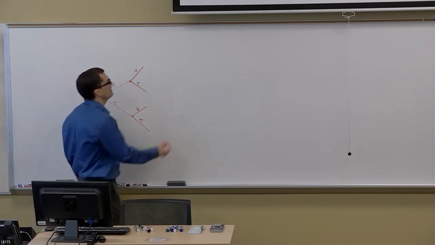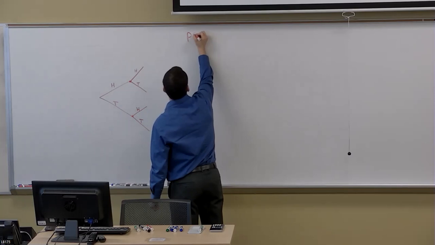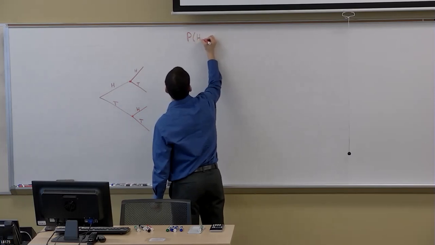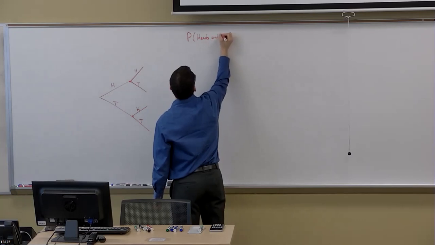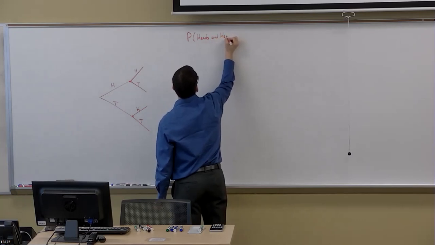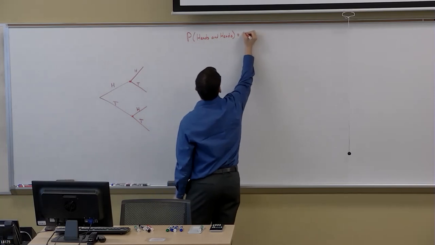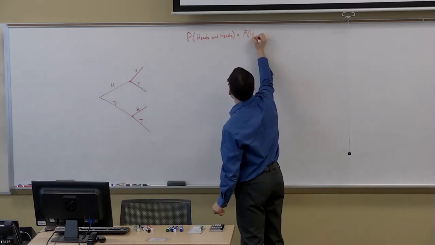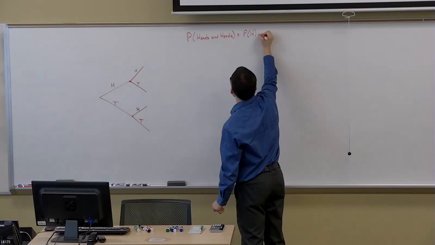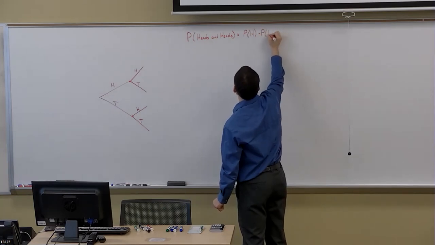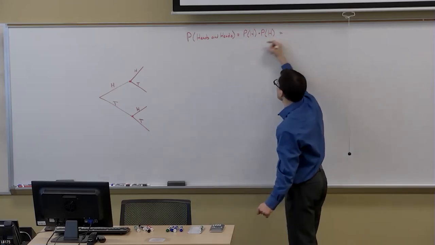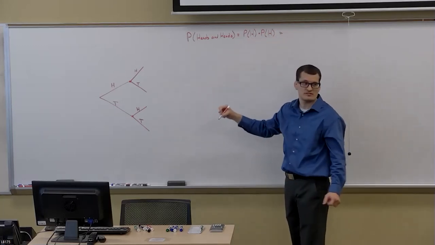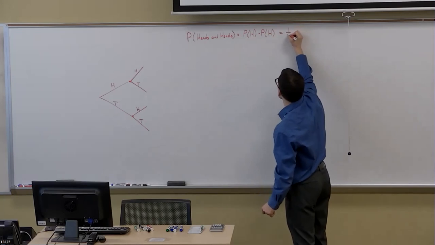Okay. So if we say, what's the probability of getting heads on the first flip and heads on the second? That's the probability of getting heads on the first flip multiplied times the probability of getting heads on the second flip. Like I said, probability of heads, there's only two options. So probability of heads in the first flip is 1/2.